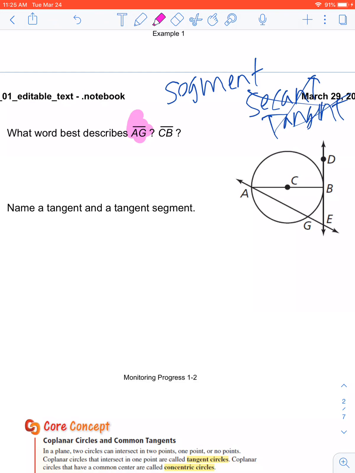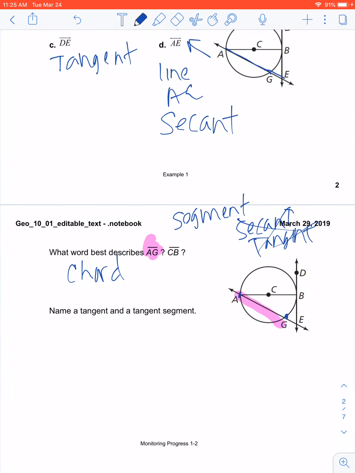So when I look at AG, I notice that my endpoints are on the circle. So that makes this a chord. So that's what's huge. The difference between this problem and this problem, excuse me, is one is a line and the other is a segment. A line is a secant and a segment is a chord.